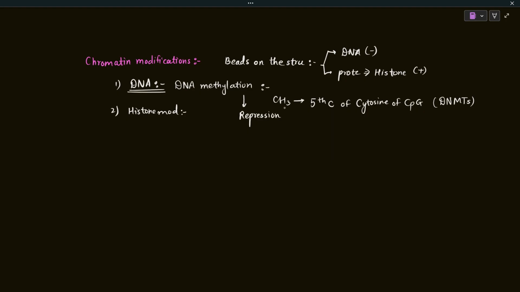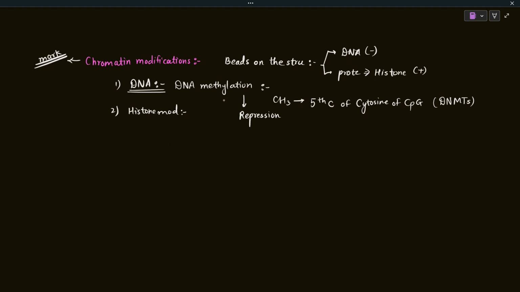Whatever we are going to add on the chromatin, the addition of some chemical group on the chromatin, that added modification is known as a mark. Those are known as epigenetic marks.